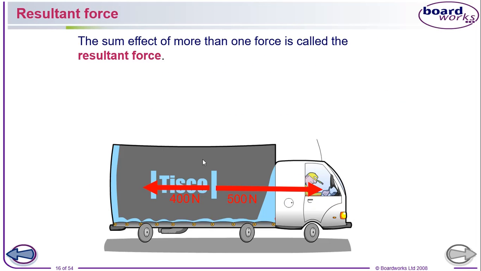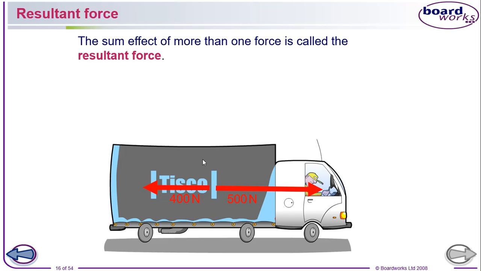Okay. Again, a lorry or a truck is moving at constant speed. Okay, it's already moving, and the forces are denoted as 500 newtons forward and 400 newtons backward. So now the forces are not balanced. Okay, so definitely there will be a change in the speed, or even the direction, or both.